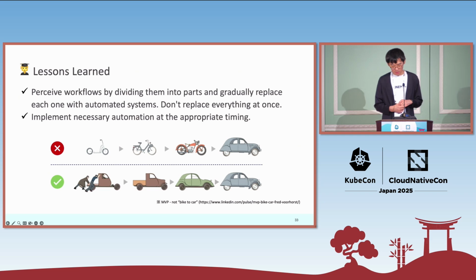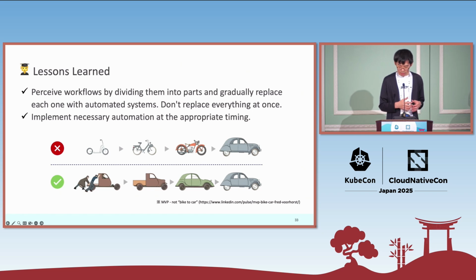So another lesson learned here is about how we approach automation. Instead of trying to automate everything at once, we should break workloads into parts and then replace them gradually.